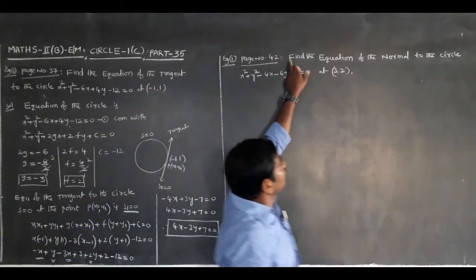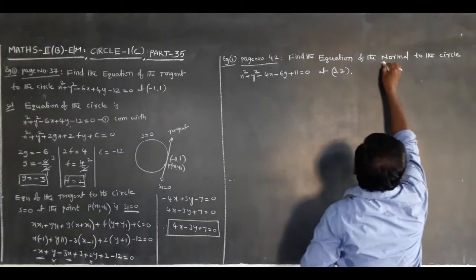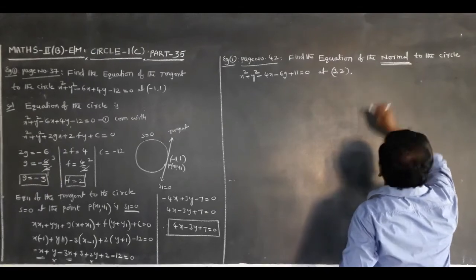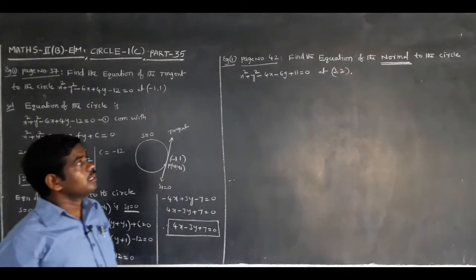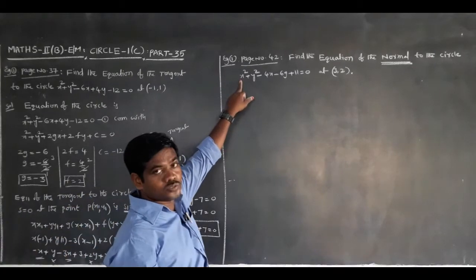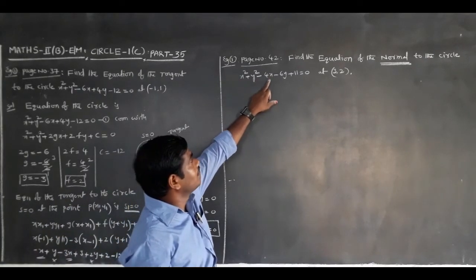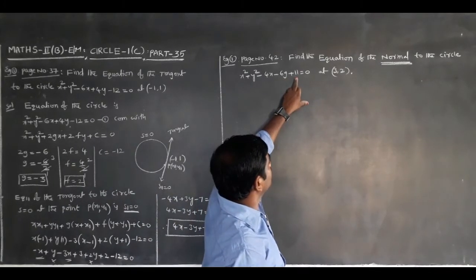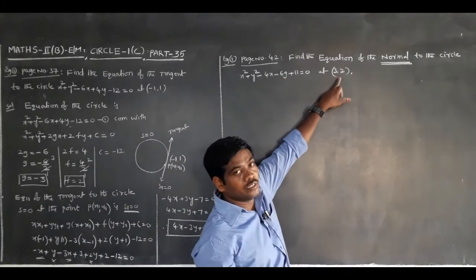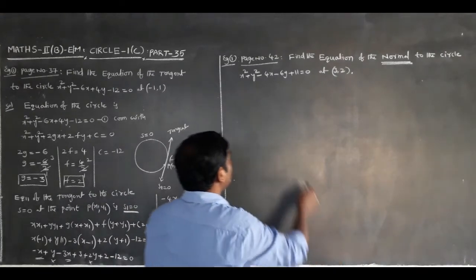Find the equation of the normal to the circle x square plus y square minus 4x minus 6y plus 11 is equal to 0 at the point 3 comma 2.